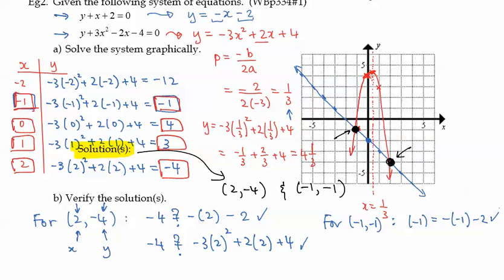If it is correct, we will try the second equation. Y equals -3 times 1 squared plus 2 times 1 plus 4. Both equations must be correct for the point to be your solution.